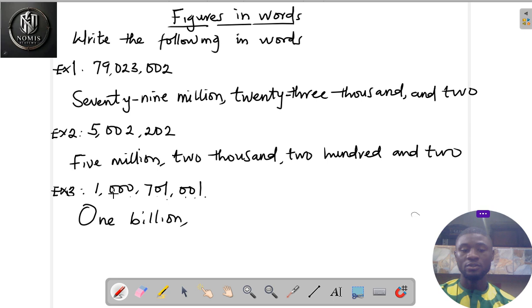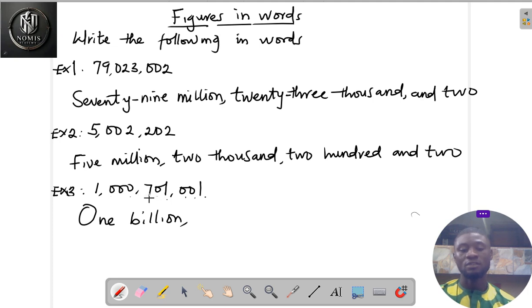The place value of 0 here is 100 million, right? But it's of no digit that I'll need to take down because it is 0. So I cannot say 0, 100 and 0 million. No, you can't write that. So you will just neglect these zeros and come to this place. You should be wondering that after billion, the next thing I should write should be million, because I can't just jump. But in the case where zeros are the digits in the place value of the millions, then you can neglect them and just jump to the thousand, because all of these are zeros.